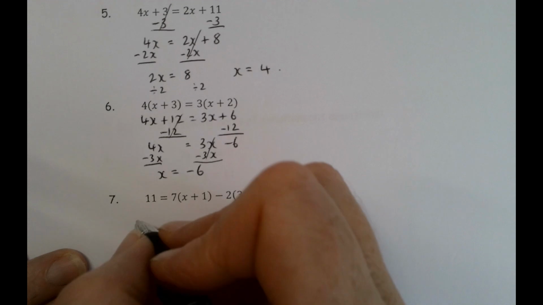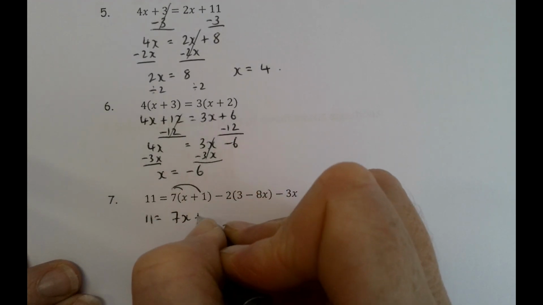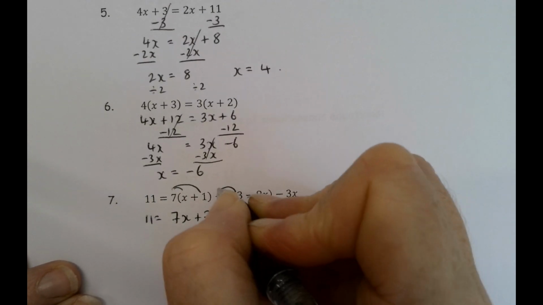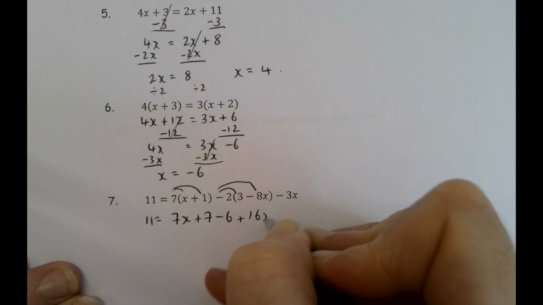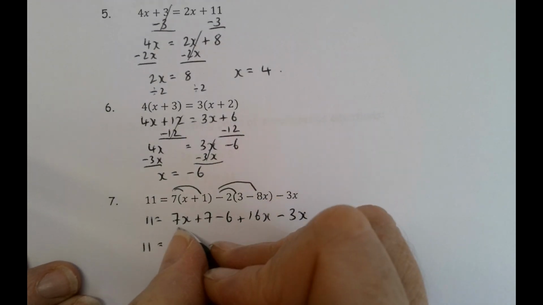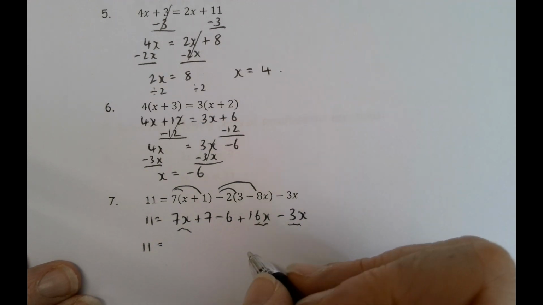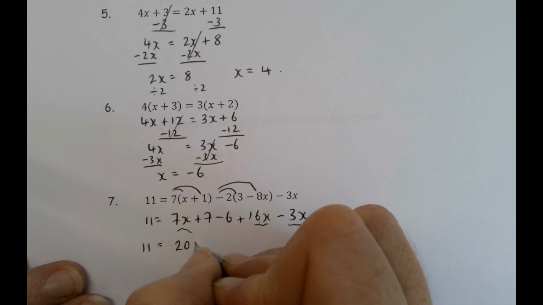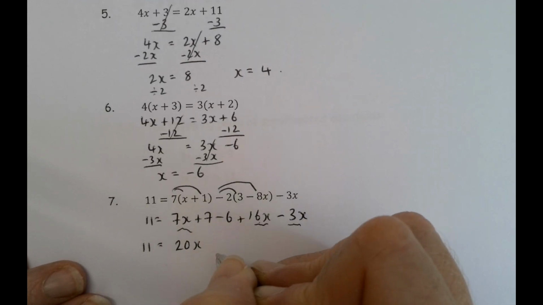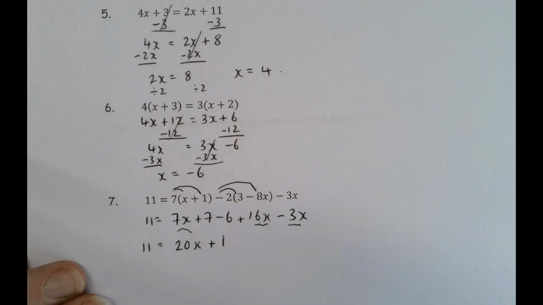Oh, complicated one here, but let's just take it slowly. Multiply out the brackets first. 7x plus 7 minus 6 plus 16x minus 3x. So 7 and 16 is 23, minus 3x is 20x. 7 minus 6 is 1. 20x plus 1.